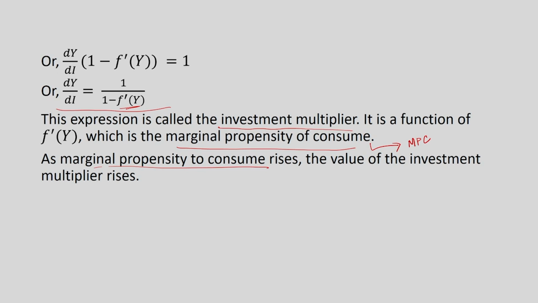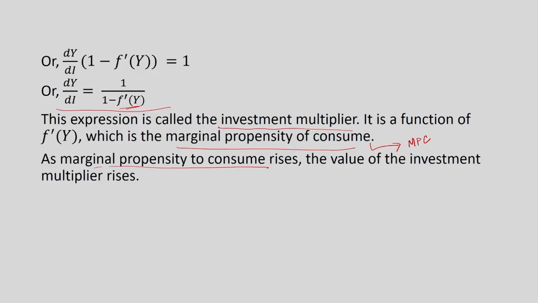So, what it means intuitively is that if people spend a greater portion of their additional income in consumption, that basically increases the impact that investment increment might have on the national income. All right.